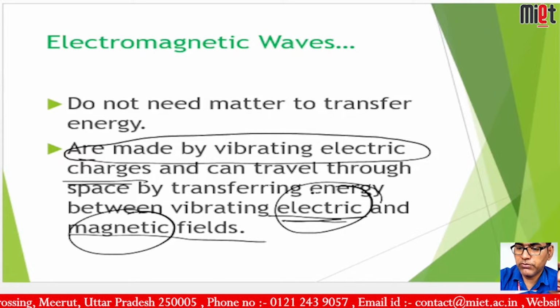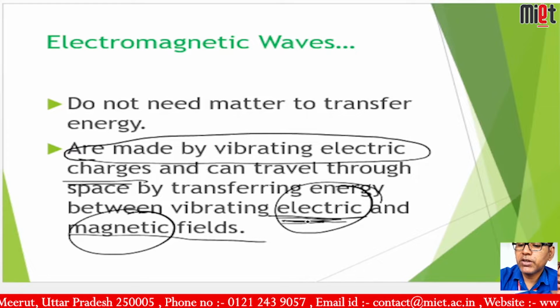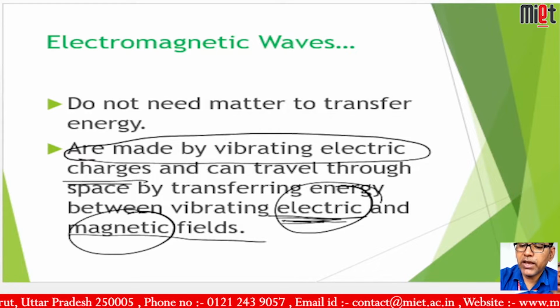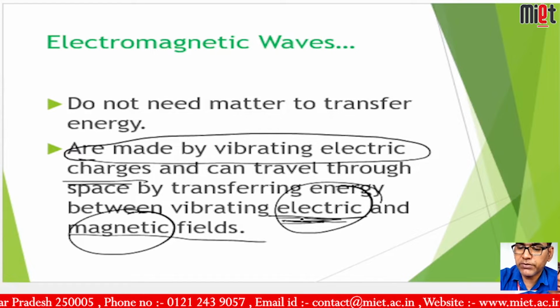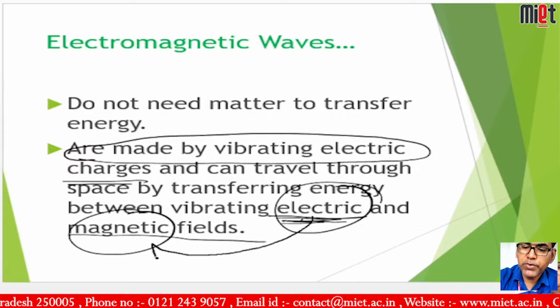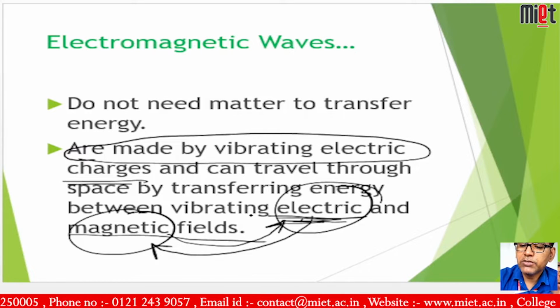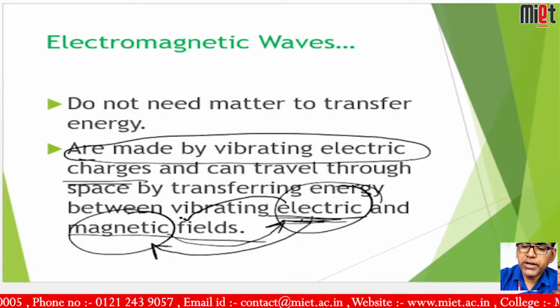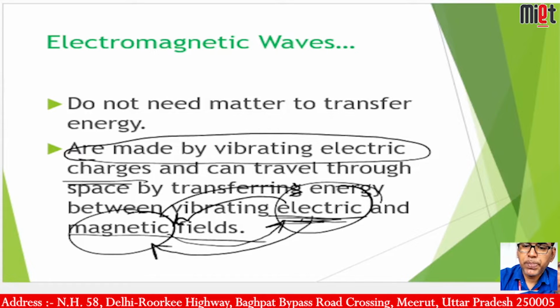And a changing electric field produces a changing magnetic field. In other words, a changing magnetic field produces a changing electric field. So the electric field gives rise to the magnetic field, and the magnetic field gives rise to the electric field. In this way, transfer of energy from electric to magnetic and magnetic to electric takes place throughout the transfer of electromagnetic waves through space.